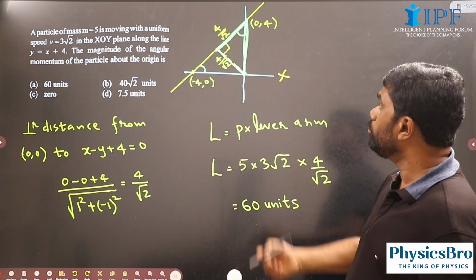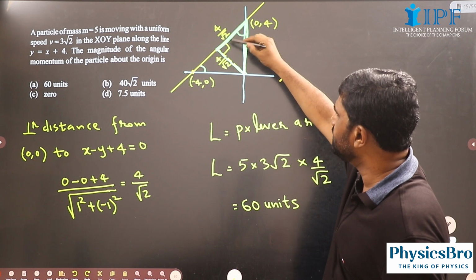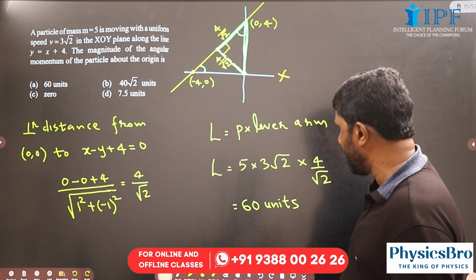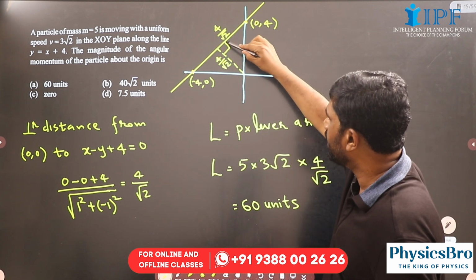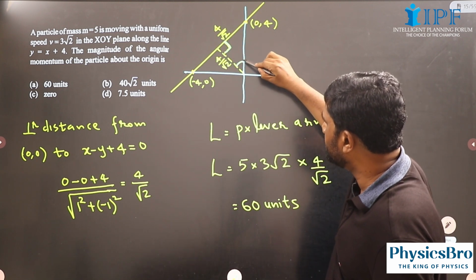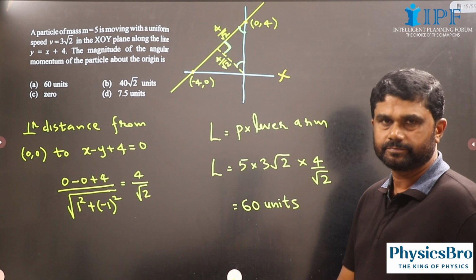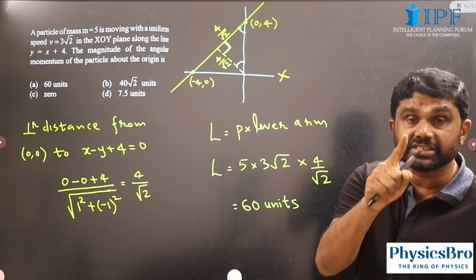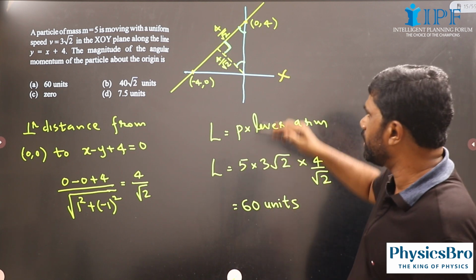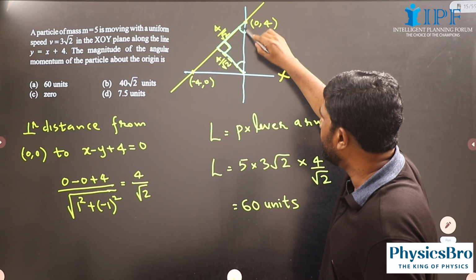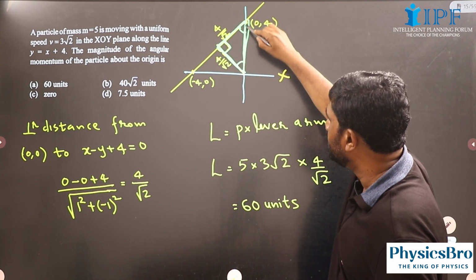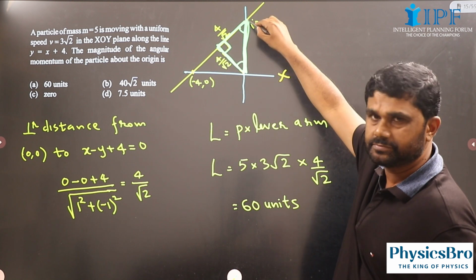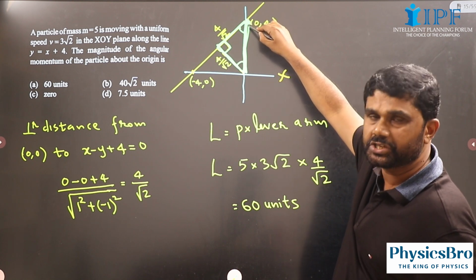Now this one we have 90 degree, this is 45, this is 45. So it is an isosceles right angled triangle, in which this is the hypotenuse, and it is equal to 4 units.